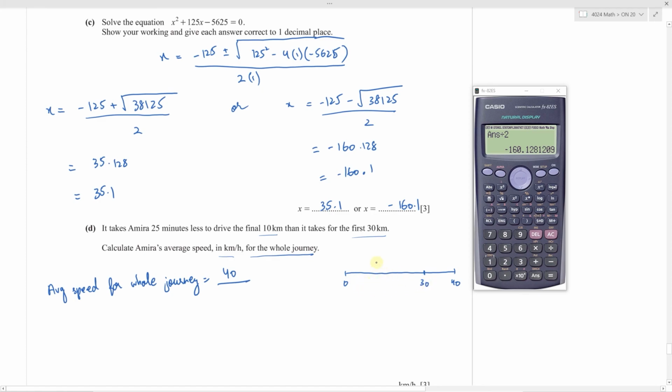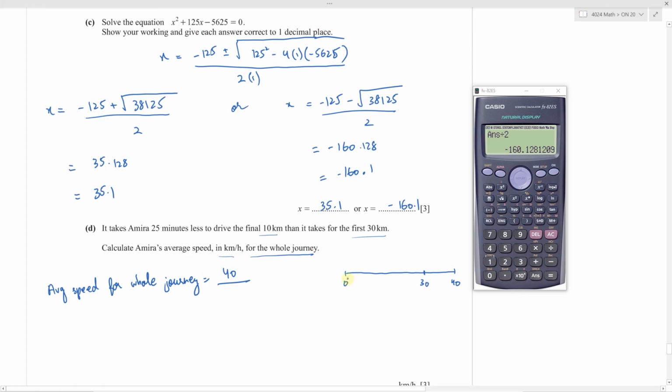This distance is 30 kilometers and she takes x minutes. So now what's the value of x? You calculated x as 35.1 or minus 160.1. So the negative value is not applicable because you cannot say that Amira traveled 30 kilometers in minus 160 minutes. So the correct value of x is 35.1.